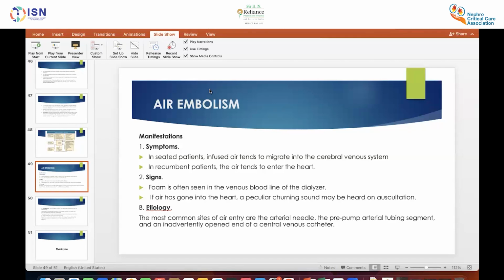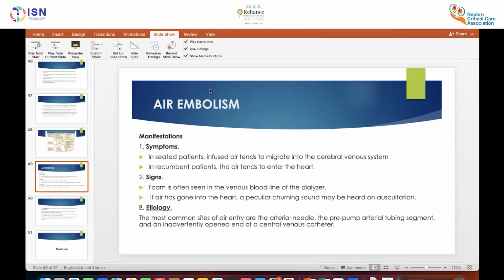But why have they kept the patient on the left side? Why is it not the left side up position? Where should the air float? Air will always float towards the upper part, no?